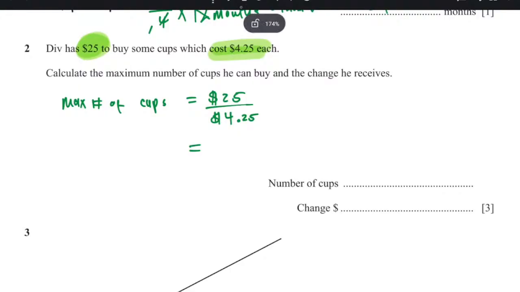Okay. We said you should always divide by the price of one, right? So the cost of one is this. It should always divide. Are we together? Good. So always divide by the cost of one. Don't ever forget. So if you divide by the cost of one, what's 25 divided by 4.25?